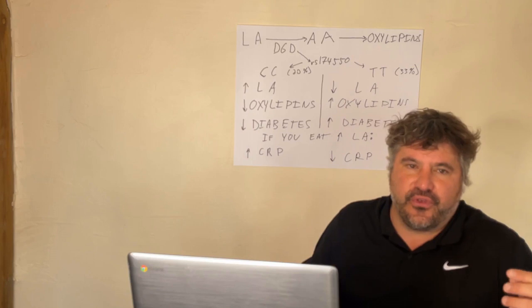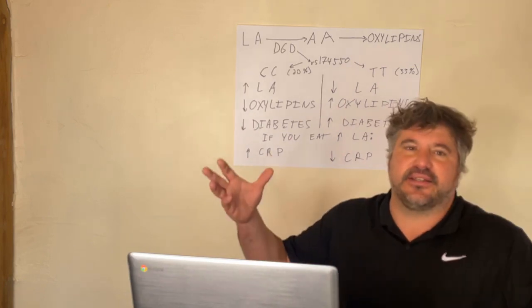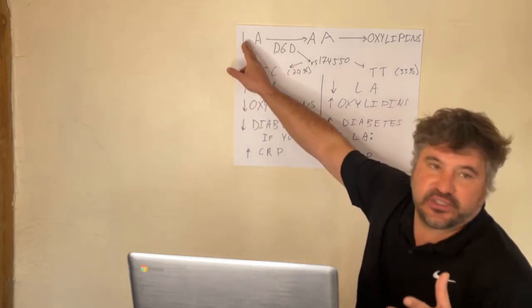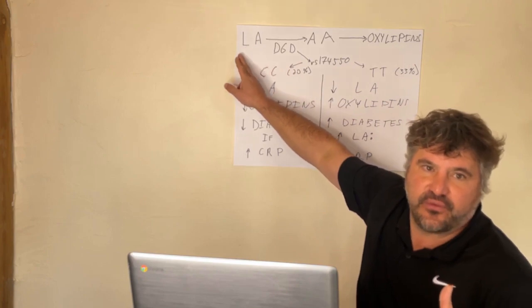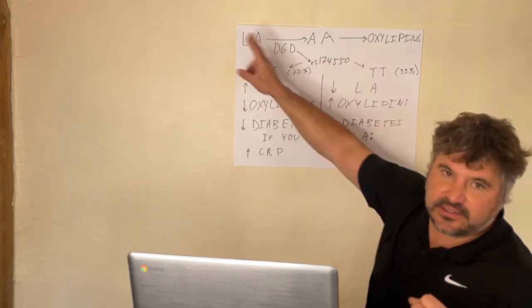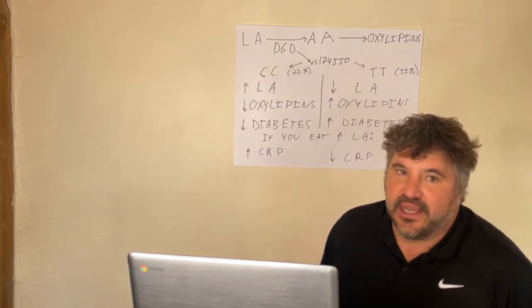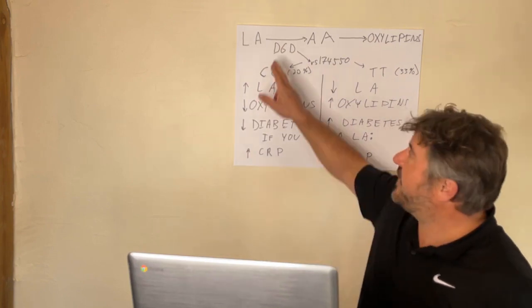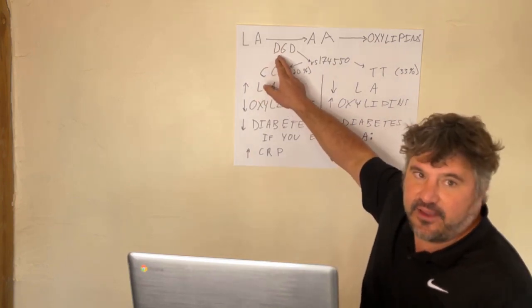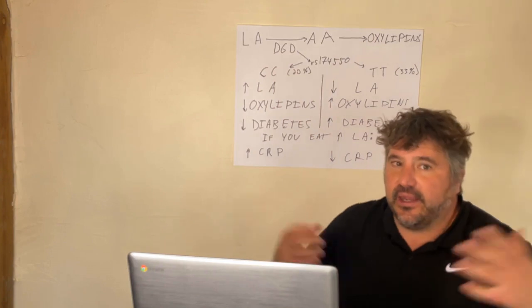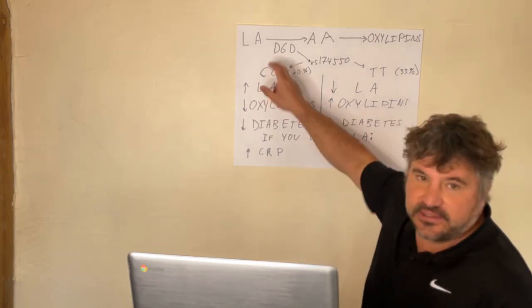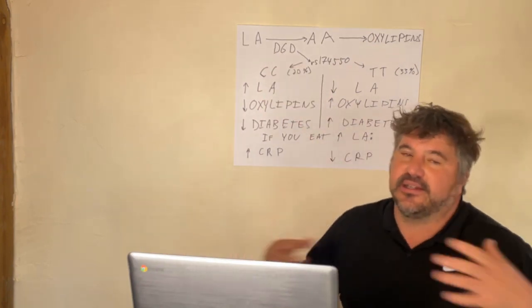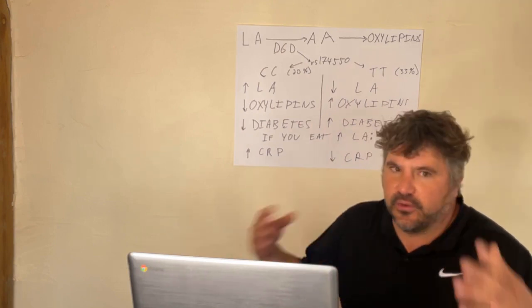it's the whole reason. I mean, D6D only does one thing. It just starts this process of converting linoleic acid to oxylipins. That's its whole job. And we know that people that have high D6D activity have more oxylipins. And we know that people with high D6D activity are more likely to get diabetes and are more likely to get rheumatoid arthritis.